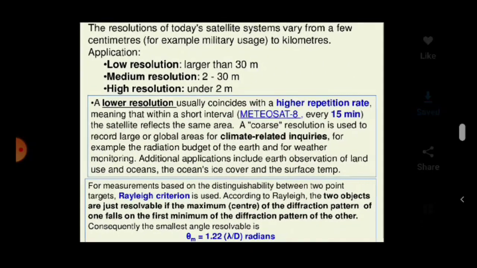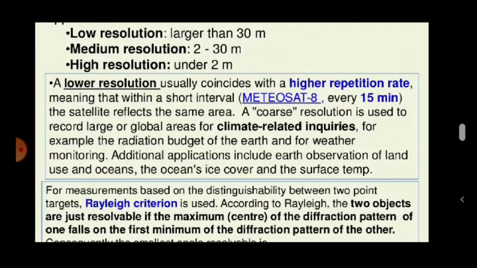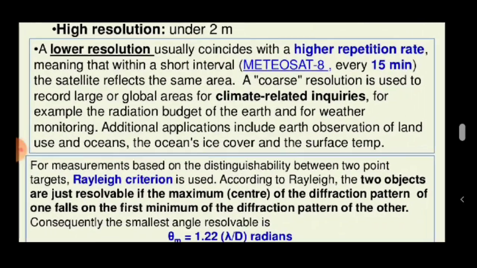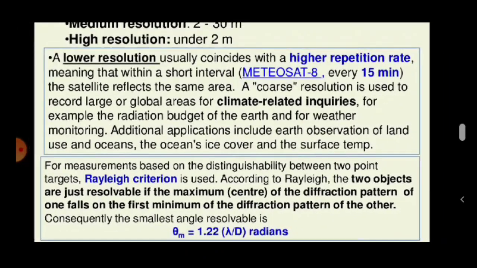The Rayleigh criterion is used for these measurements. Objects are just resolvable if the maximum of the diffraction pattern of one falls on the first minimum of the diffraction pattern of the other.